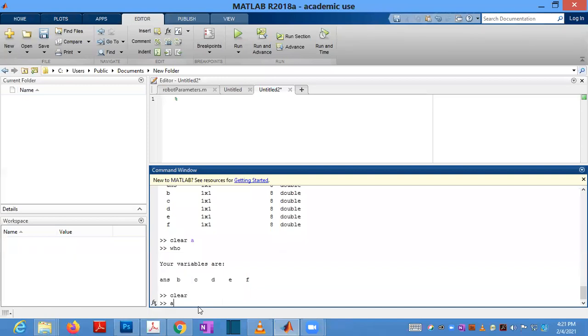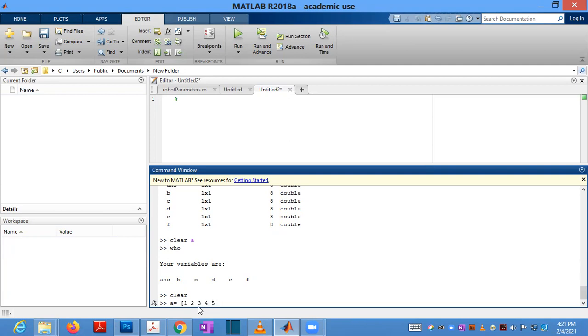So now you can create a vector. A is defined as a vector, and that vector is defined using square brackets. Suppose you have 5 elements, 1, 2, 3, 4, 5.